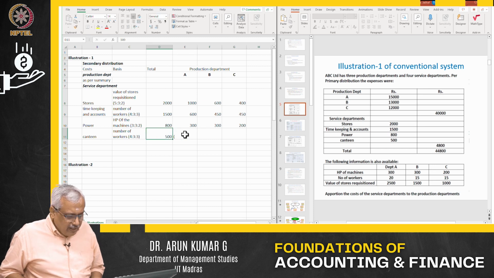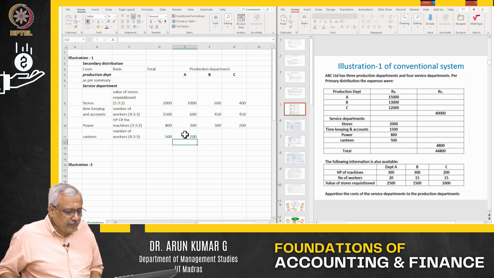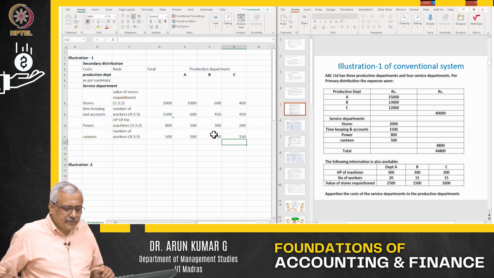It is going to be 500 into 4 divided by 10, so it is going to be 200, and then 500 into 3 divided by 10, so this is going to be another 150.